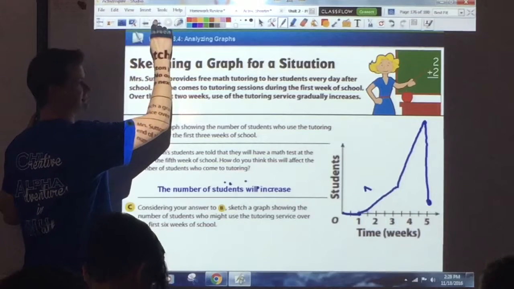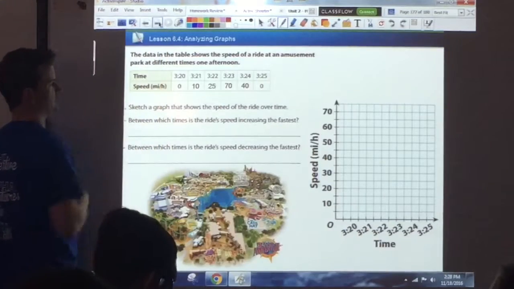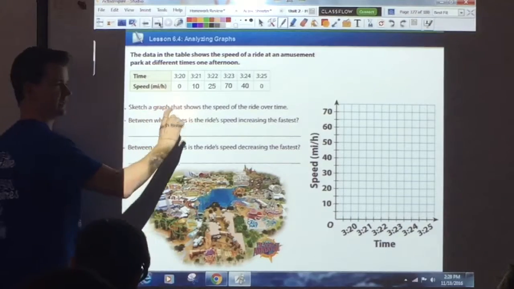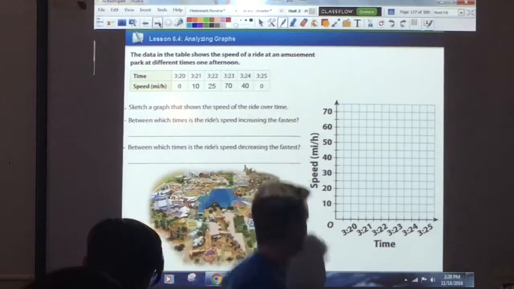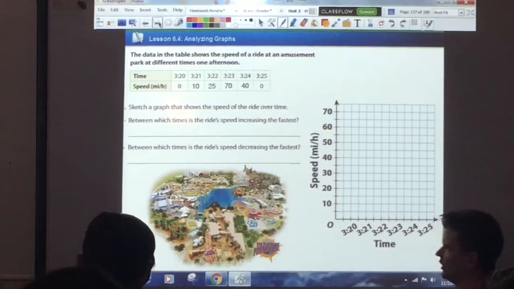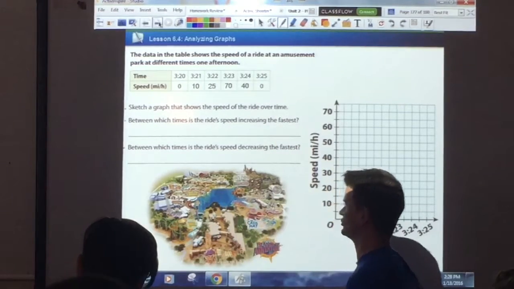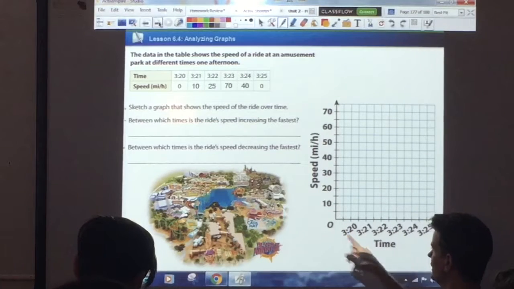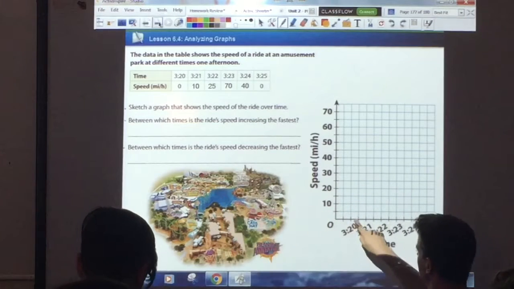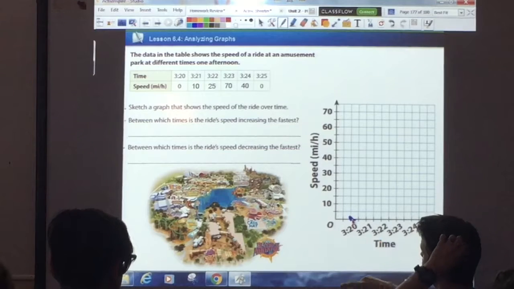The very last type of thing you could run into is when you're actually given the coordinates, and your job is to graph them and then answer questions. So this is Islands of Adventure. We're talking about the Hulk right here. Hulk almost gets up to 70 miles an hour, gets up to 67. So we graph the points. At 3:20, 0.